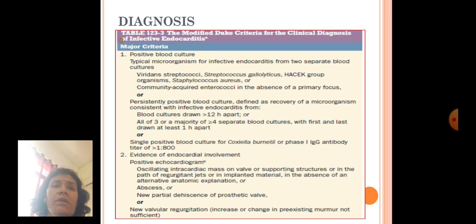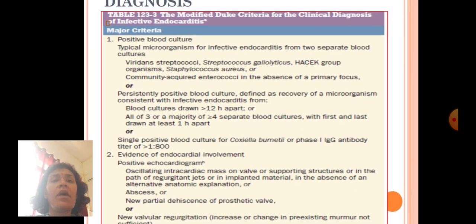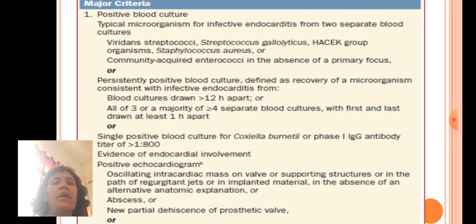For diagnosis, the modified Duke criteria are used, in which there are major and minor criteria. The major criteria are positive blood culture for typical microorganisms from 2 separate blood cultures.